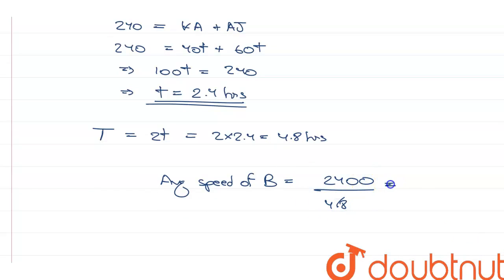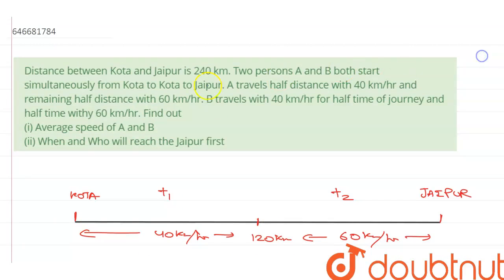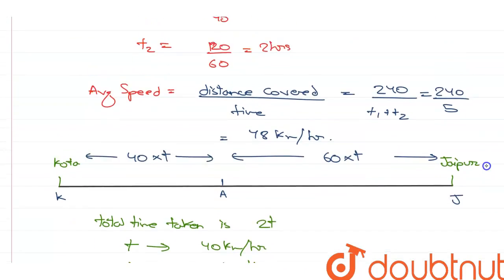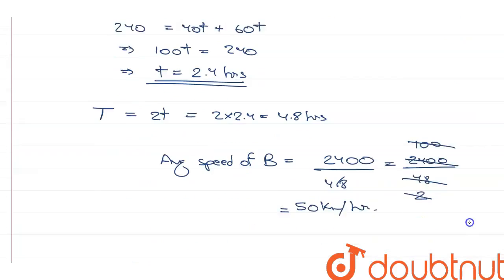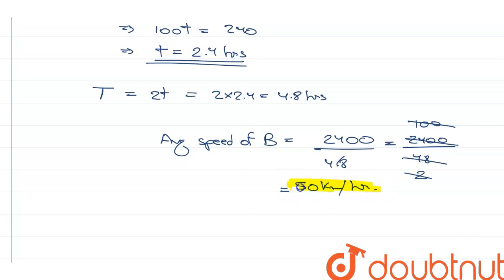This point goes up, that means 2400 by 48, that gives me 50 kilometer per hour. So the average speed of A is 48 kilometers per hour and average speed of B is 50 kilometers per hour.